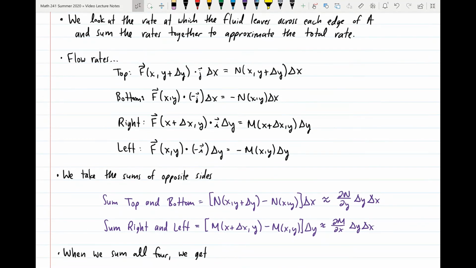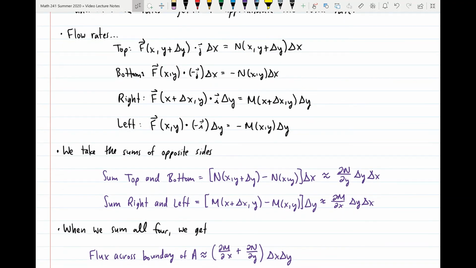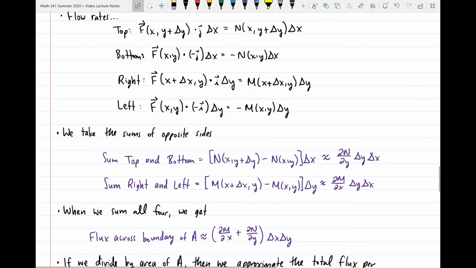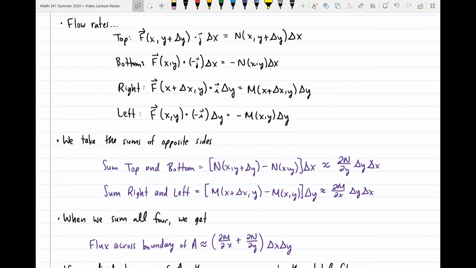So with these expressions, we can now take the sum of all of them to approximate the net flow rate of how much fluid is actually leaving the region A across the boundary of A. But we start out just like we did with circulation density by taking the sums of opposite sides. So we take the sum of the rate for the top and the rate for the bottom, and we get n of (x, y plus delta y) minus n of (x, y), all times delta x.